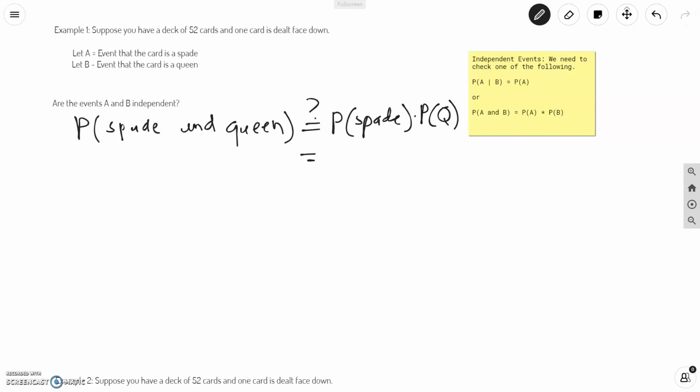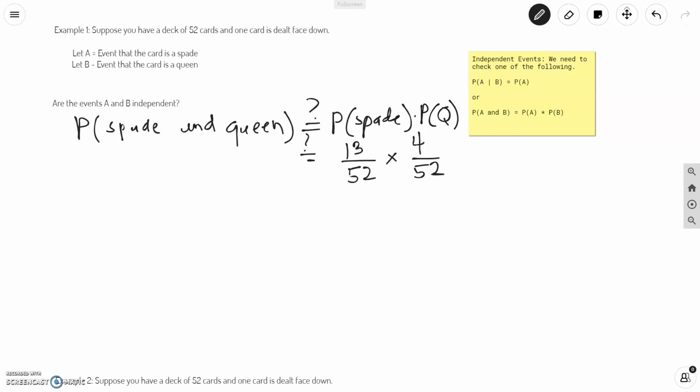Now, do we know what the probability of being spade is? So out of 52 cards, how many of them are spade? 13. Out of 52 cards, how many of them are queen? 4. So probability of queen is 4 over 52. Probability of being spade is 13 over 52.